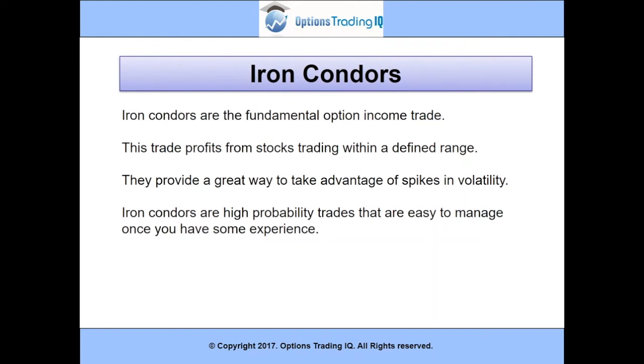You can take advantage of a panic. Iron condors are high probability trades that are easy to manage once you have some experience. I'll teach you strategies and rules for adjusting these, and I've got a 10-part iron condor adjustment guide, so that's something we can look at as well.